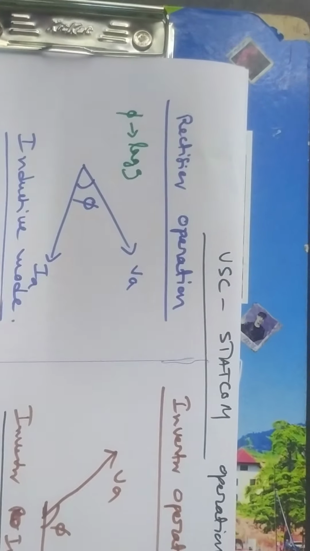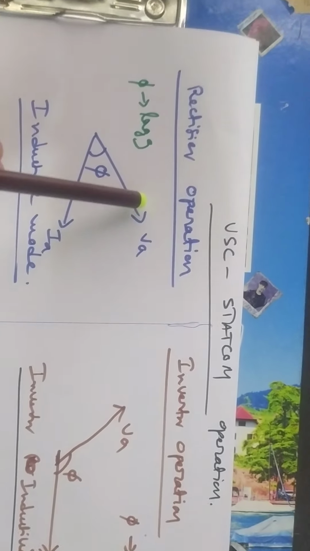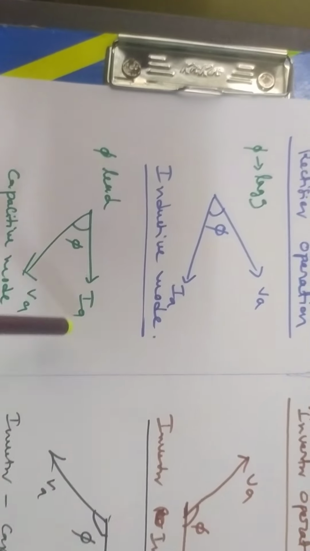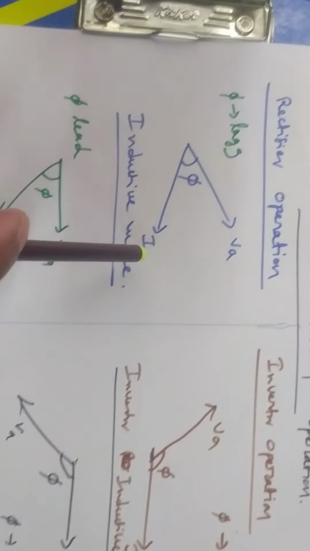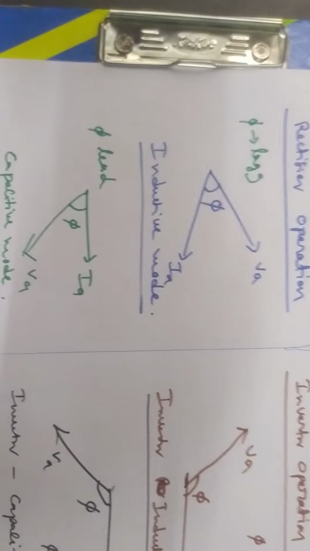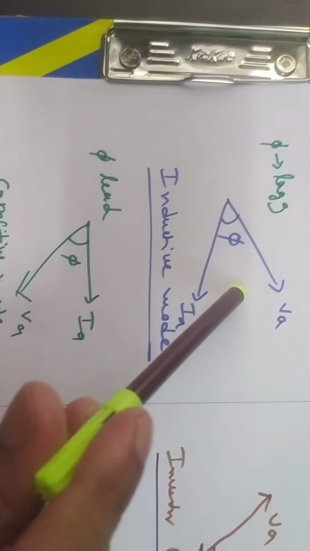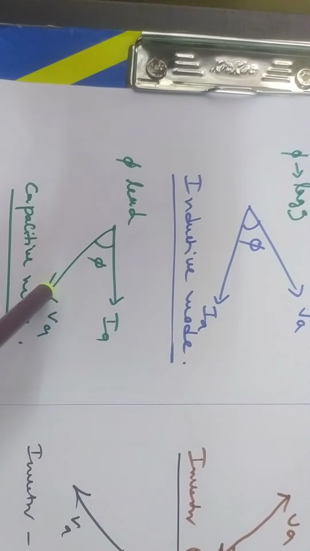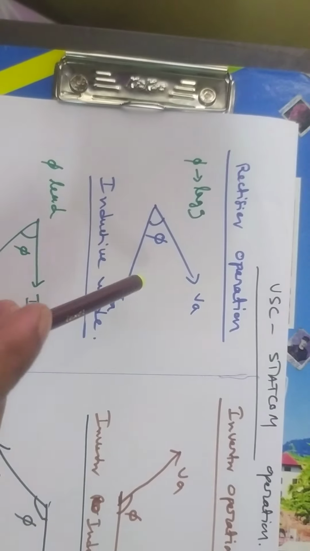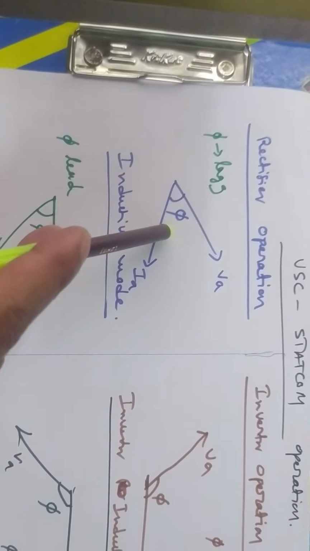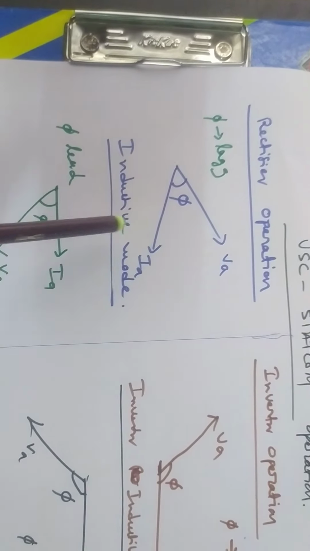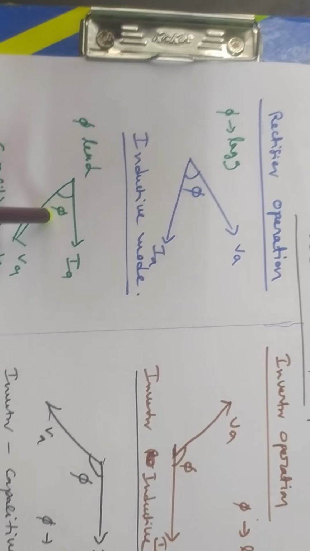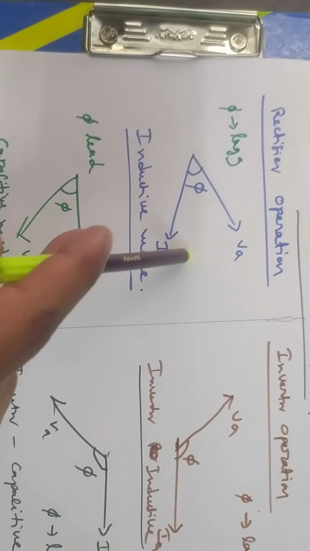So in STATCOM, rectifier mode and inverter mode of operations, in both, if you want to operate the VSC in rectifier mode, we will adopt these two control mechanisms, inductive mode and capacitive mode, in which the rectifier mode supplies the lagging reactive power to the system or leading power to the system based on the angle between VA and IA.